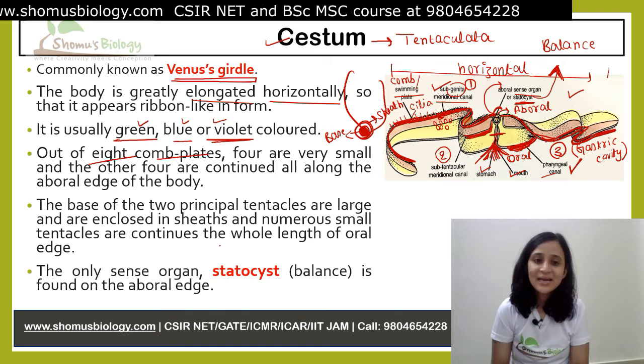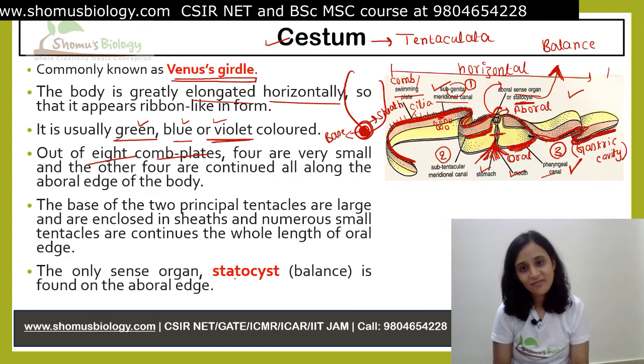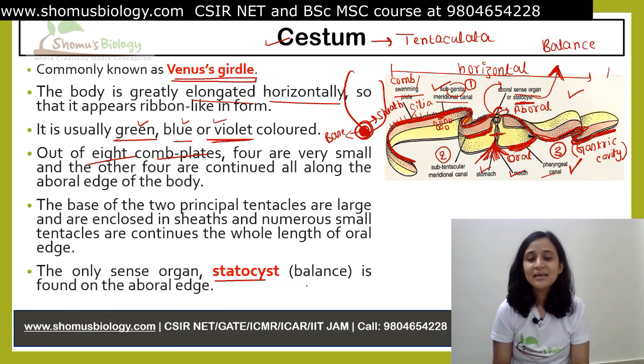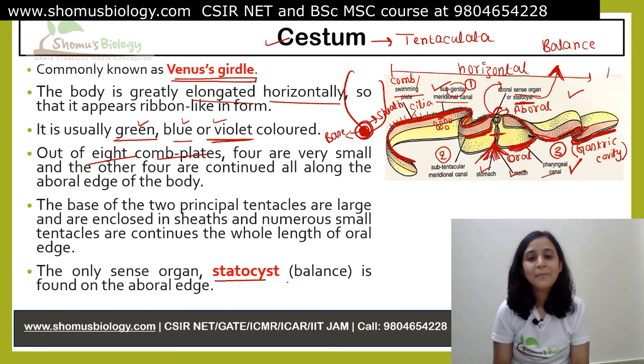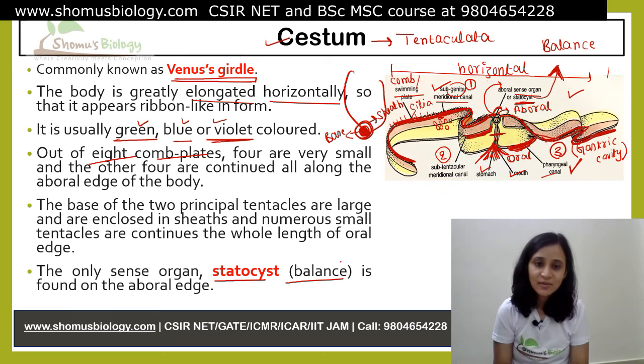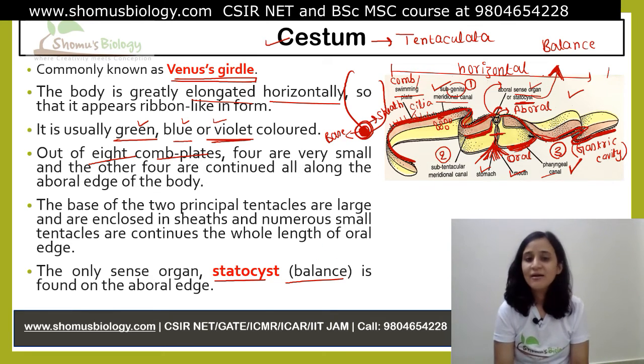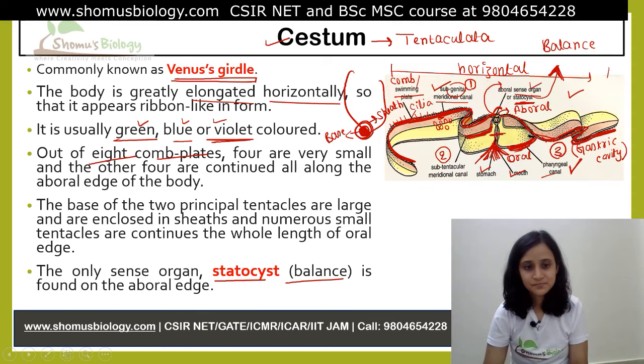And they have the only sense organ that I have mentioned, that is the statocyst, which is important to maintain the balance of the body, and that is found on the aboral edge. So I have already mentioned this.